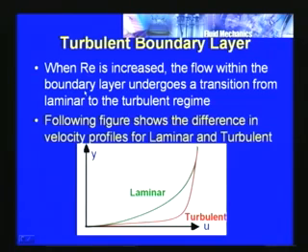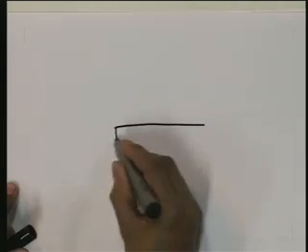So we have already seen how a laminar boundary layer is formed. For example, when we consider flow over a flat plate, as we have seen earlier, initially the flow will be laminar in nature, and then later the flow becomes turbulent.